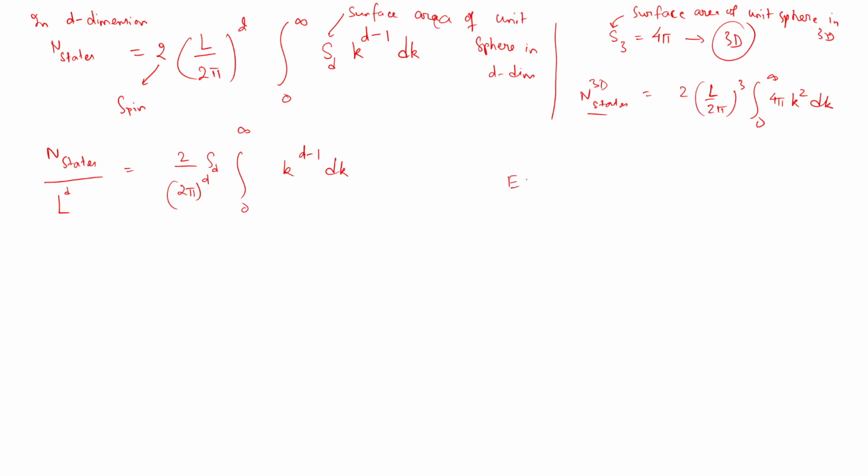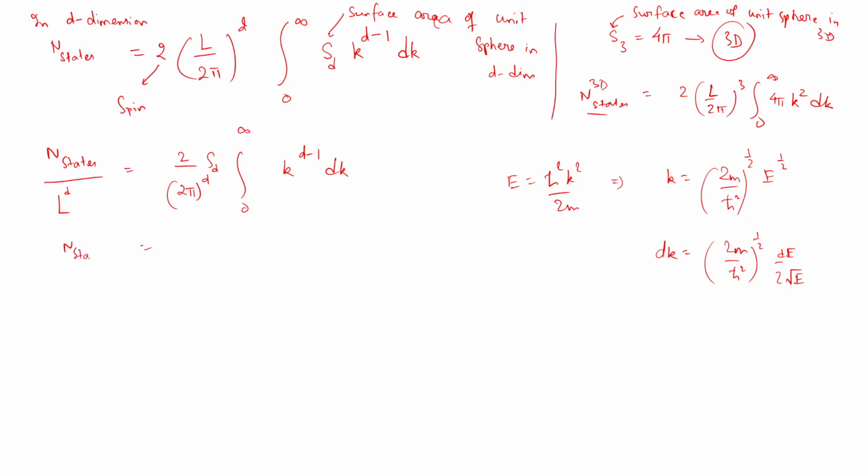Now we have to use E equal to h bar square k square over 2m. This implies k equal to the square root of 2mE over h bar square. So this is just the constant. So k is that to the power 1 by 2, and dk will be given by 2m over h bar square to the power 1 by 2, 1 by 2 root E dE. So we just have to put everything in here. So these are just some constants.